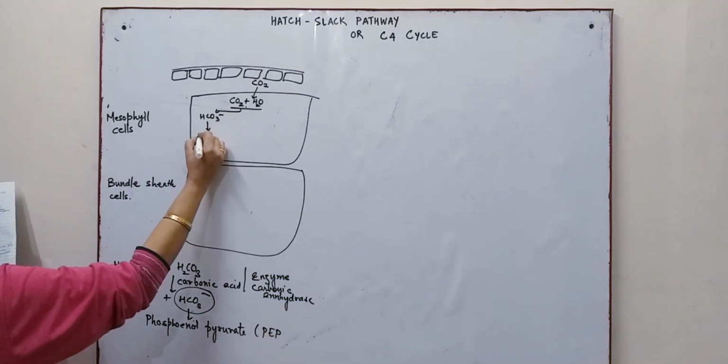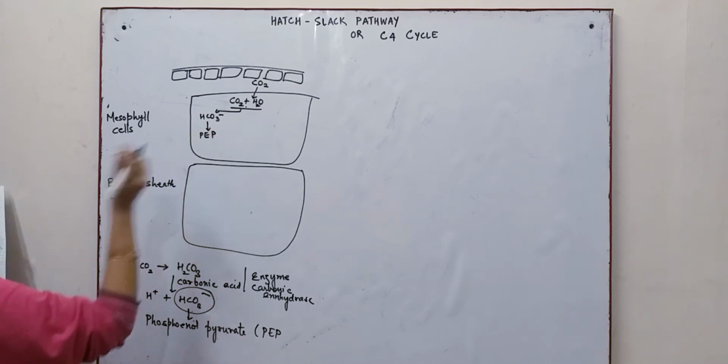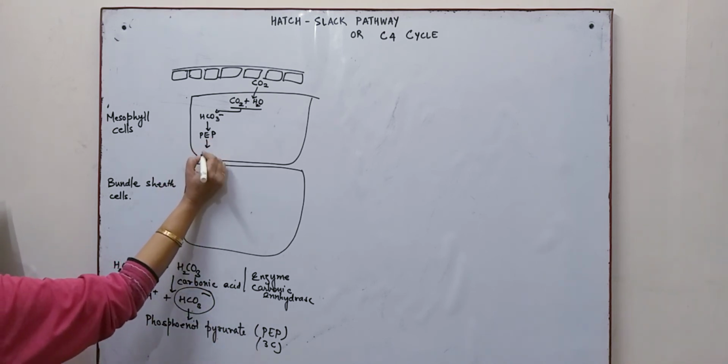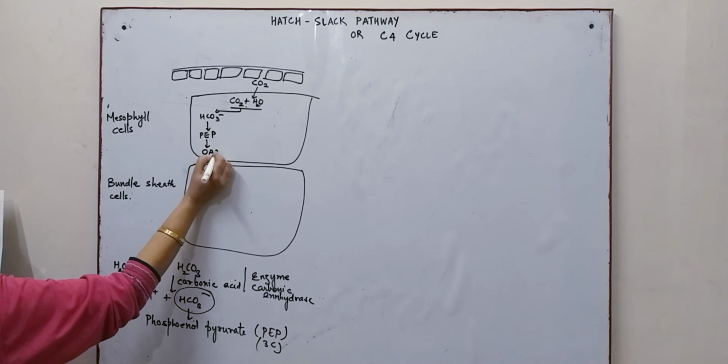So this is combining with PEP, and here the PEP is a 3-carbon atom compound. PEP is combining with HCO3 and it forms a compound that is OAA.